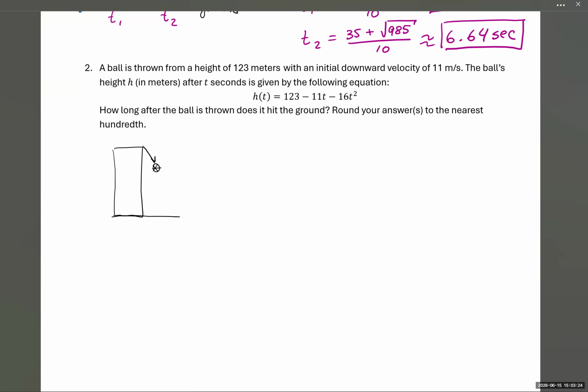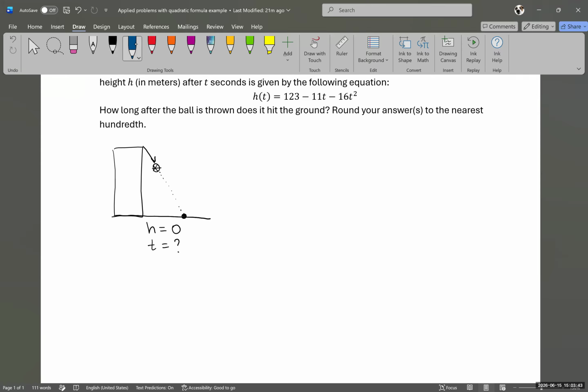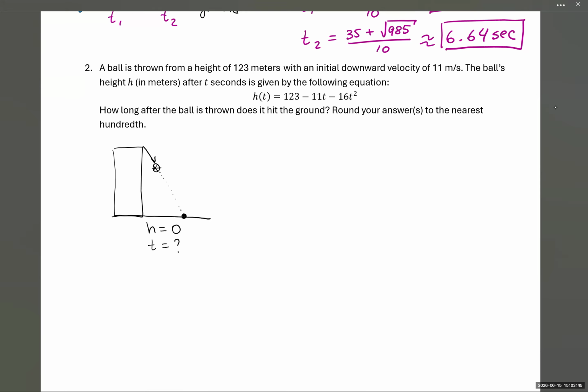So the ground is somewhere right here. The ball is going to continue the trajectory and end up on the ground at some point. Now the height on the ground level would be 0. So on this one, 0 for height, and we still are looking for the time that it takes to reach that ground level of 0.